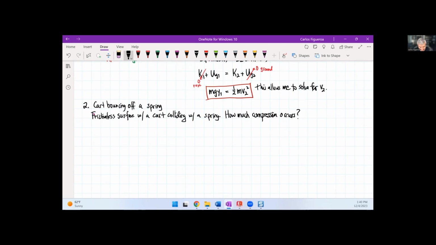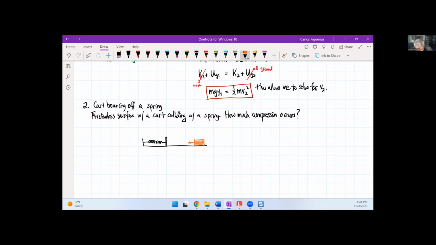Picture-wise, we have a frictionless surface, and at this end, I have a spring. And the only thing I know here is that I'm going to have a cart coming in. So it's essentially a sliding block. We can't talk about rolling. So this cart is coming in.